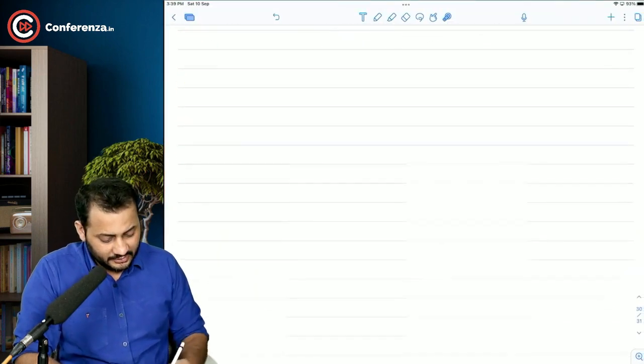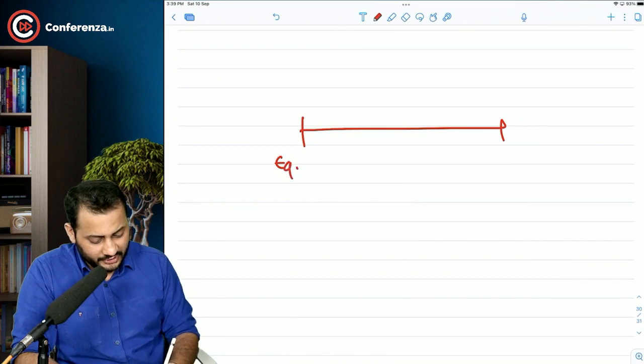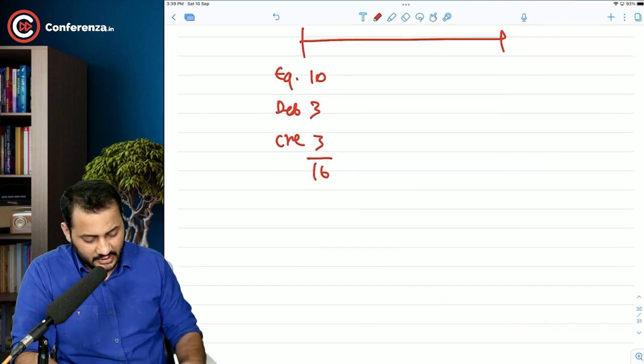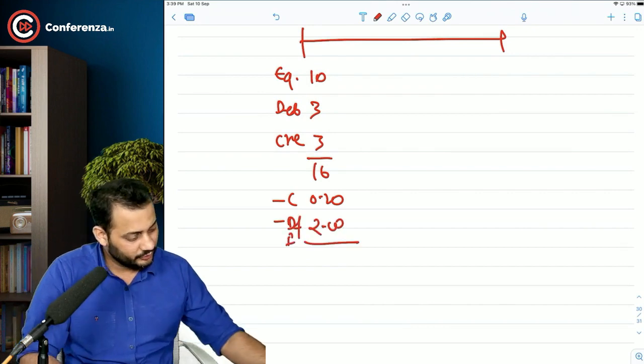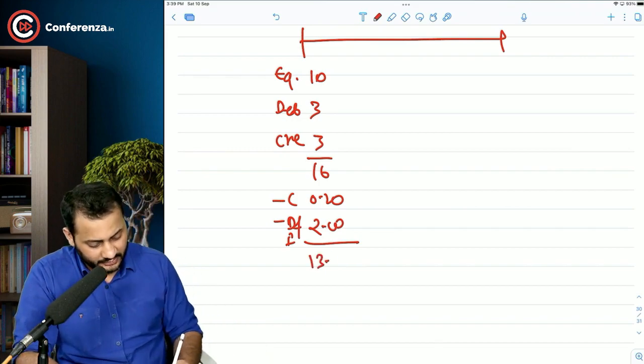If you understand the process, today you are paying to the equity shareholder, debentures, creditors, right? That is 10 lakh, 3 lakh and 3 lakh, 16 lakh. But you are getting the cash balance of 0.20, debtors and inventories at 2 lakhs. So the net amount to you is 16 minus 0.2 and 2, that's 13.8 lakh.